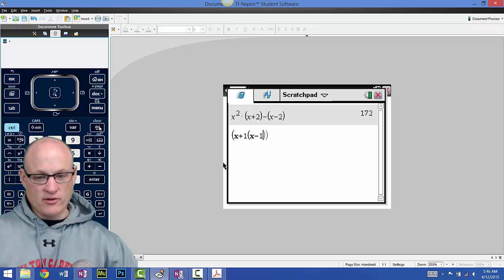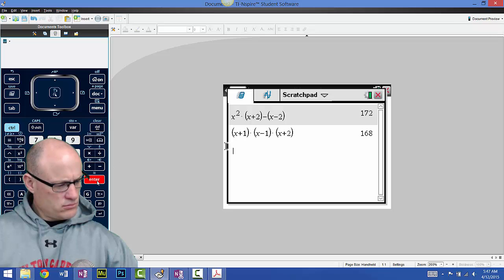See, I got my parentheses messed up. You want to be careful with that. You got to get out of these parentheses, then do another parentheses, x minus 1, get out of those parentheses, and then parentheses x plus 2. Make sure you look at it. Does that look like your answer? Oh.